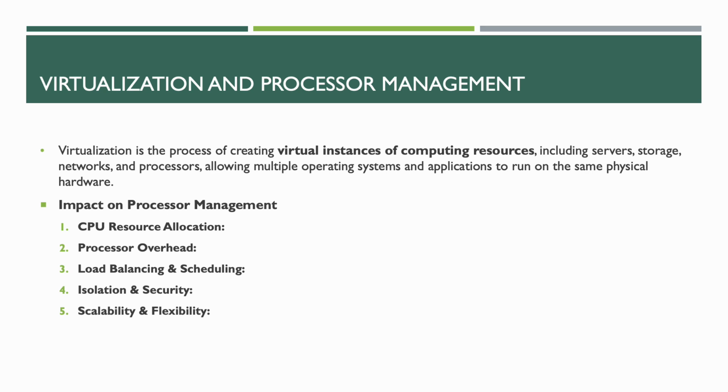So, first of all, CPU resource allocation. What is the impact on processor management? Hypervisors like VMware, KVM, or Hyper-V manage CPU cycles between different virtual machines. The system dynamically assigns CPU time to ensure optimal performance across workloads.